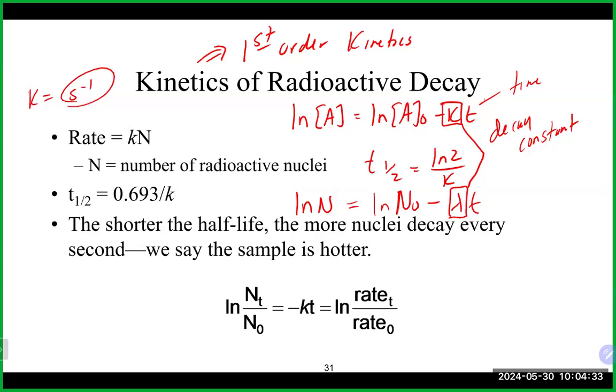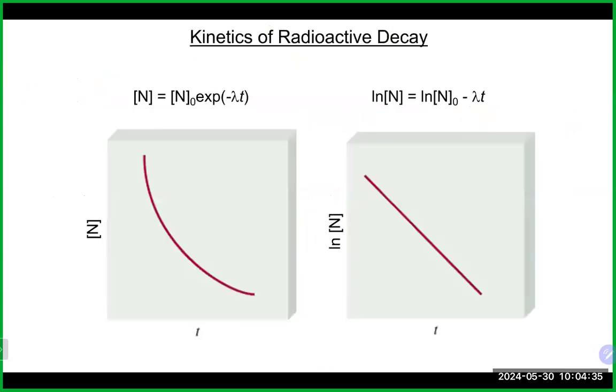Now, one of the major differences between how we use these equations in our kinetics situation versus how you use it here in this radioactive nuclear situation is in terms of what we could put into this spot here.